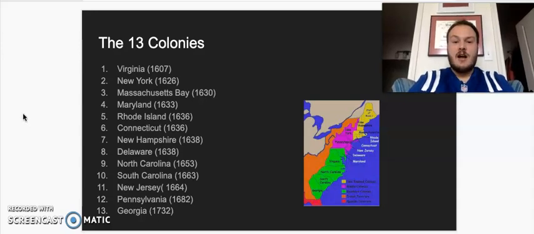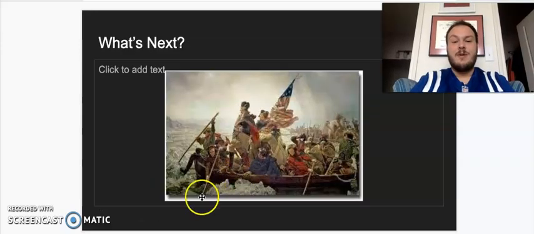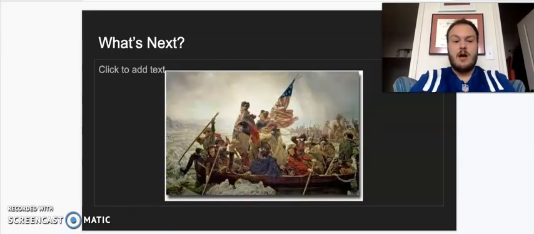But these 13 colonies really established that the Americas could fight on their own, and they were just immensely important because if the 13 colonies wouldn't have won the American Revolution and formed America, we might not actually be here today. We might still be a British colony. But again, we'll talk more about that when we do the American Revolution, which is what's next.